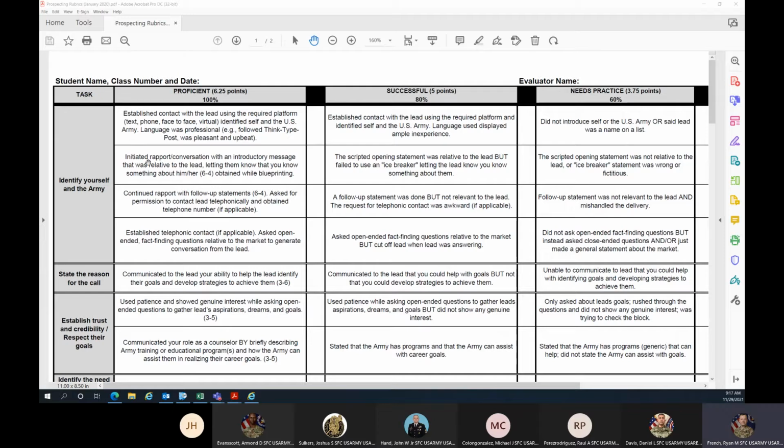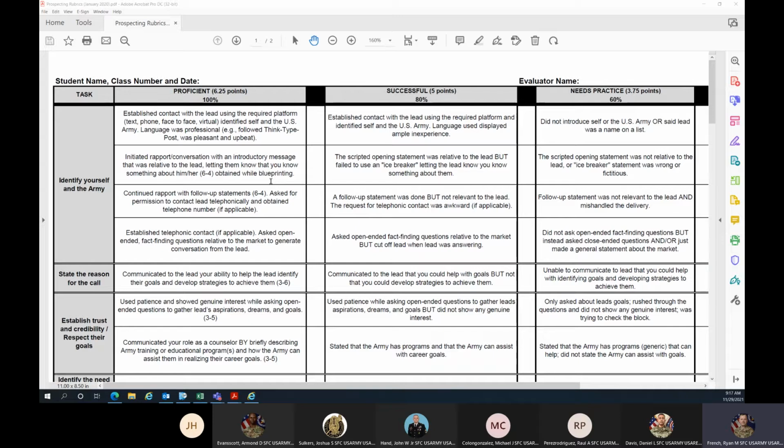The next step is to initiate rapport conversation with an introductory message that's relative to the lead, letting them know that you know something about him or her obtained while blueprinting. Like I said, you're only going to get 3 pieces of information: their name, their ed code, and the last high school attended. So the only thing you're really going to have to go off of is, so I see you're currently a senior at such and such high school.